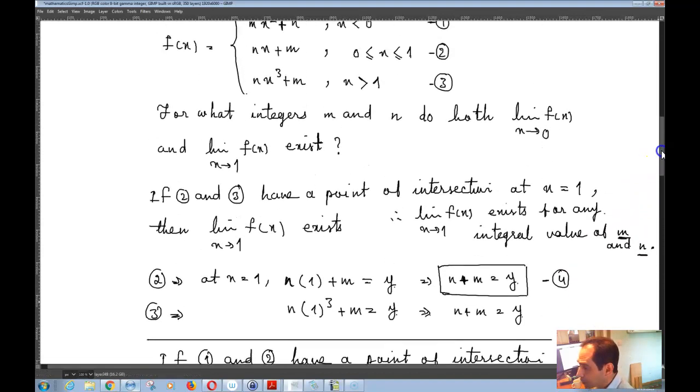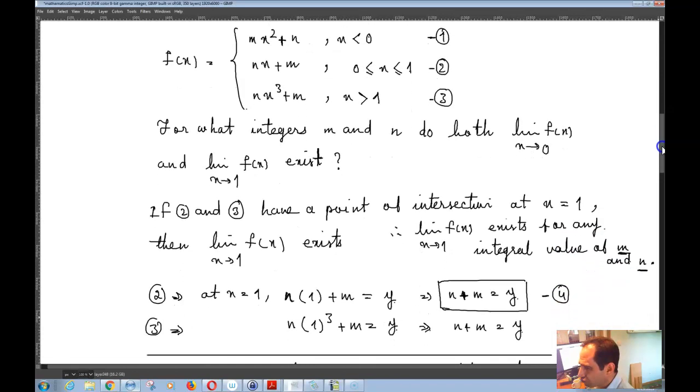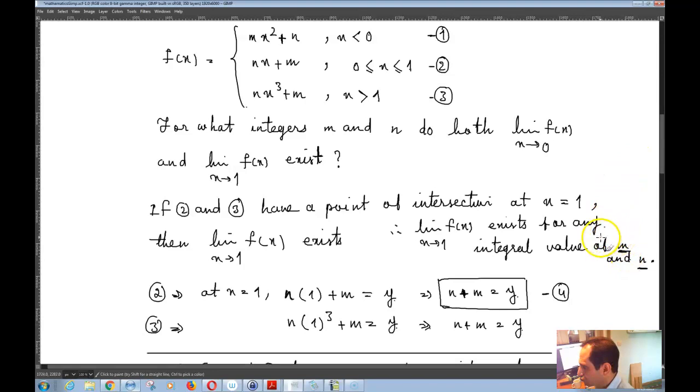And the reason why these have to be integers in the first place is that, I don't really know why they have to be integers, because normally they could be any number really, any real number.